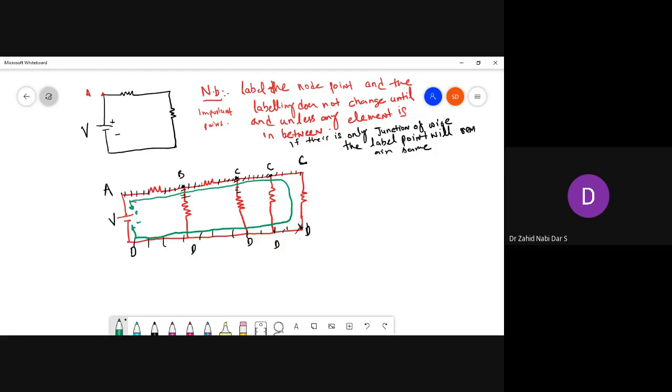Now I have connected A to this resistance R1, the resistance to point B, then from B point to C. Then C I have connected to the other side of this resistance, then to the D point.